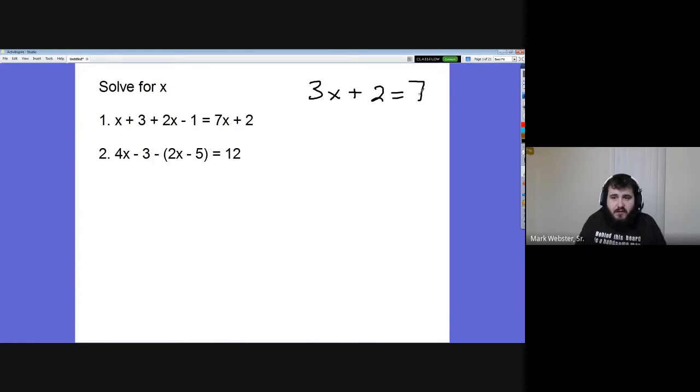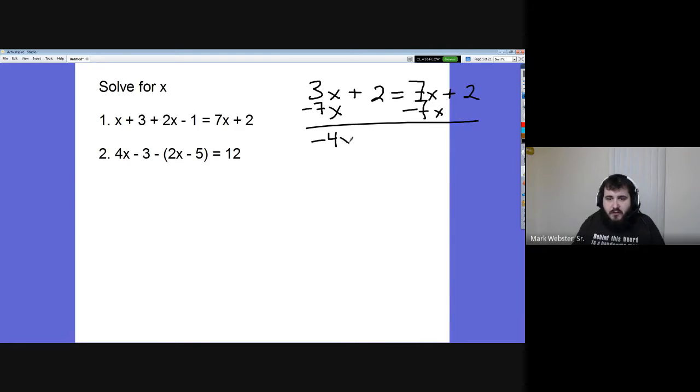Then you've got 7x plus 2. Now, again, I always like to make sure that I start by getting the variable on one side. So let's take the 7x and subtract it over to the left. Here we're left with negative 4x plus 2 equals 2.